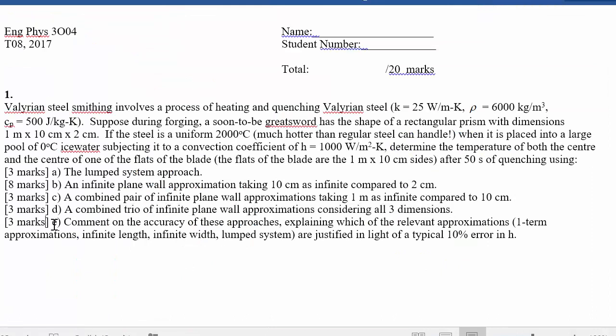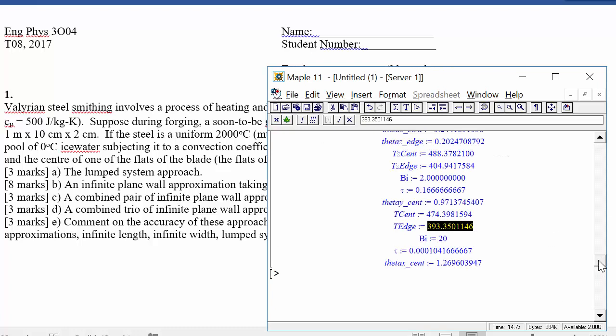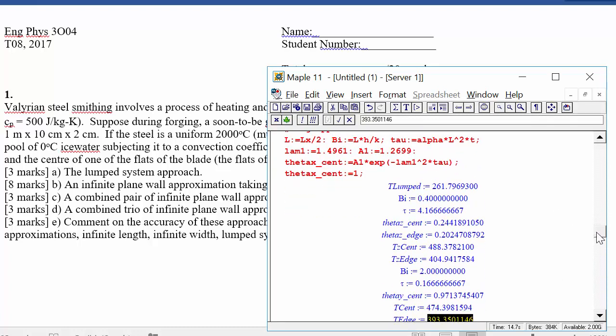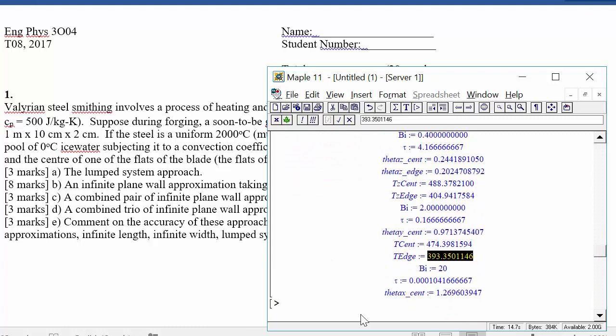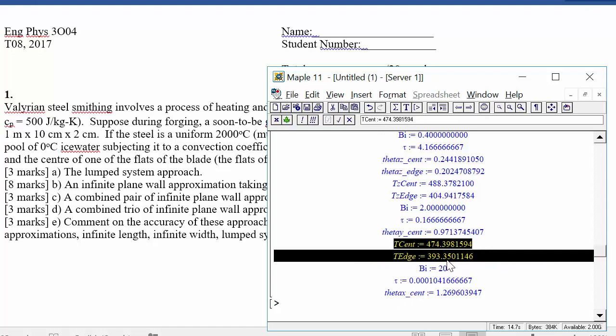Finally, the question asks us to comment on the accuracy of these approaches, explaining which of the relevant approximations are justified in light of a typical 10% error in h. And if we look at these, the most accurate one should be the very last one, but we said that actually gives us exactly the same temperatures at the edge and the center, at least to within what we can calculate using only one-term approximations, as the conduction down the width and out the side did.